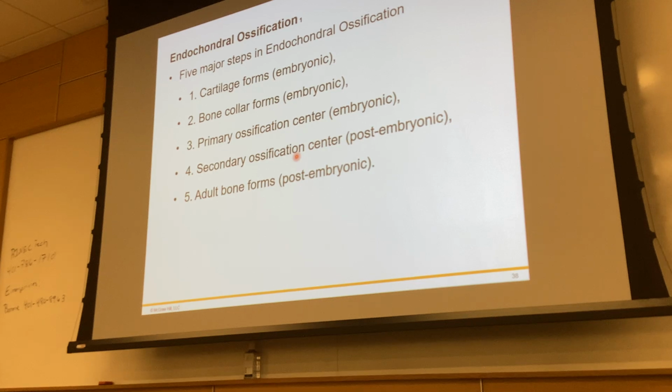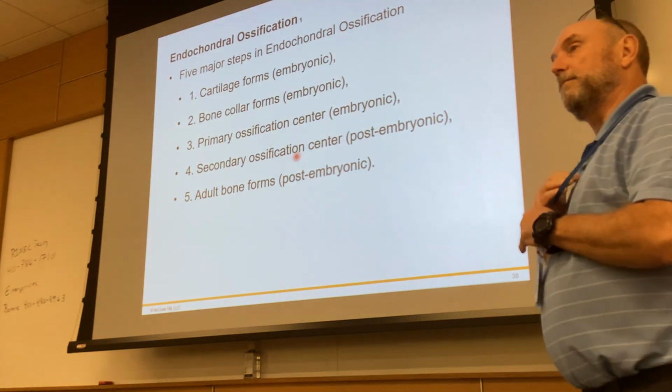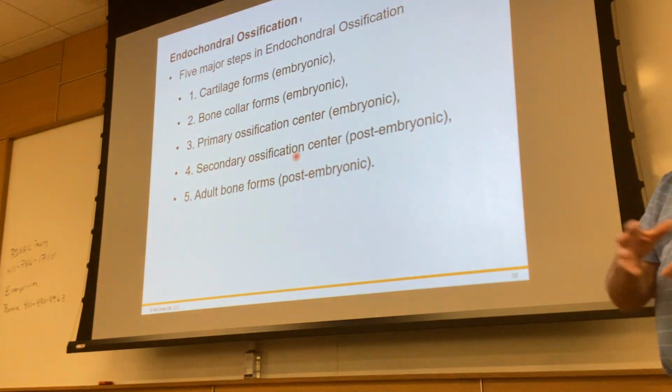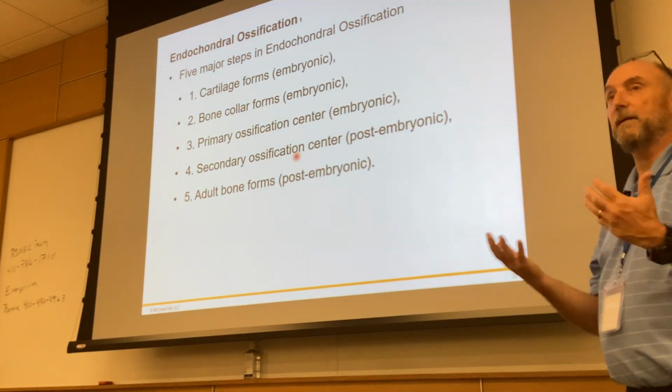The bone collar that we're talking about is embryonic, and that's sort of mushed in with what's called the primary ossification center. That primary ossification center, by definition, is always in the diaphysis, and by the time the individual has been born, the diaphysis is fully formed, and the bone is compact bone.